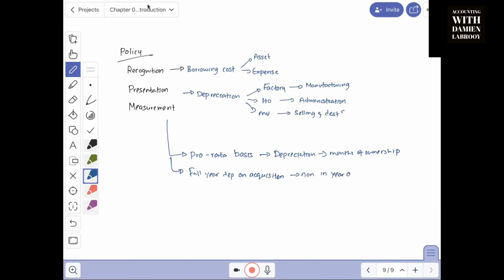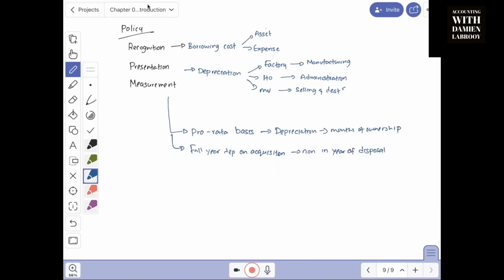So these are different measurement bases in which you can charge depreciation. Whether we are using the pro rata basis or the full year depreciation on acquisition, or whether we are going to measure our non-current assets on cost or market value, the cost model or the revaluation model, those are policies.